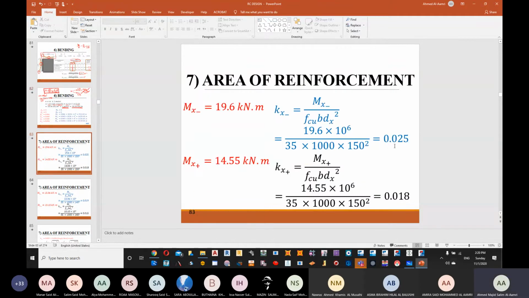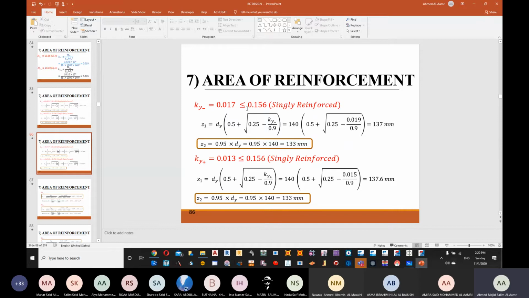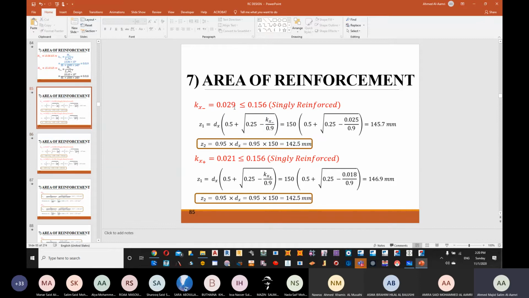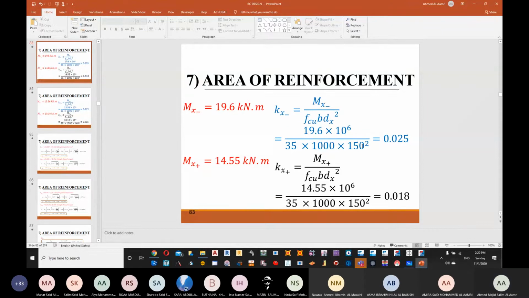Anyhow, if there is any problem with the values here, you can modify it yourself. This is a simple calculator thing. If it's 0.025 here, and then it's showing you, for example, here 0.029, you can modify and choose the correct answer. It's a calculator thing.